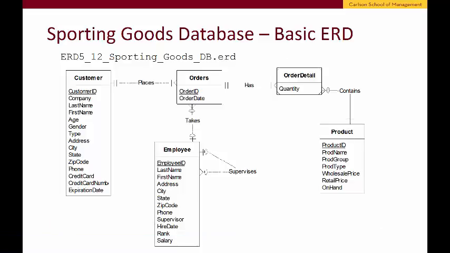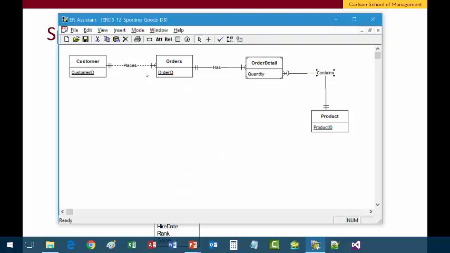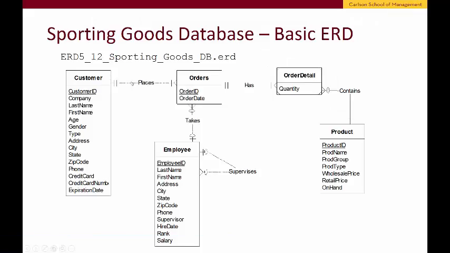Back to the slide. Ignoring all the additional attributes, we have customer that places orders, and we want to have that mandatory relationship with orders. Orders is placed by one and only one customer, and customer places at least one, probably many orders. In other words, we don't have our friendly prospects here.